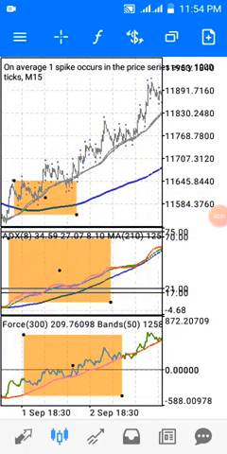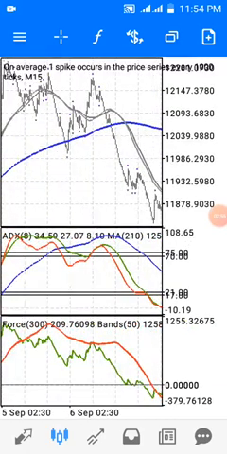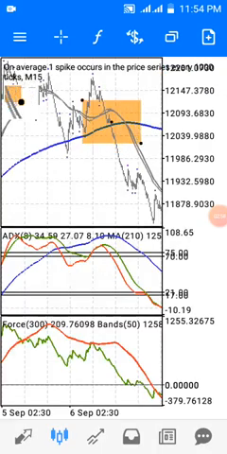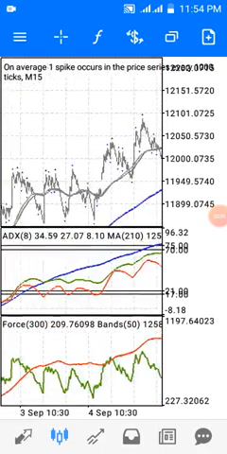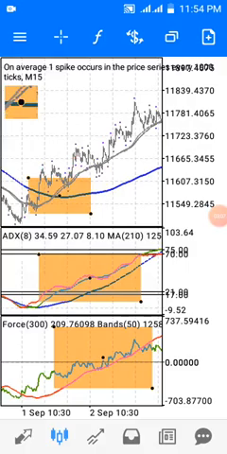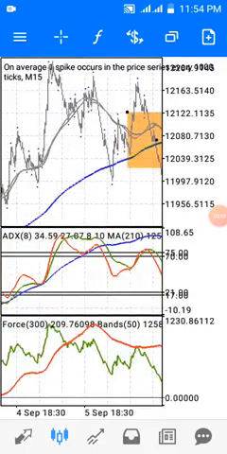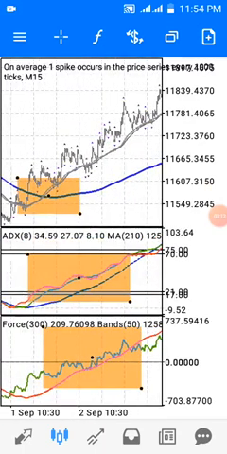If there is a cross down like I have here, I sell. So that's just how the indicators on the main chart work. A cross up, you buy; cross down, you sell. So that's how you apply the indicators on the main chart.